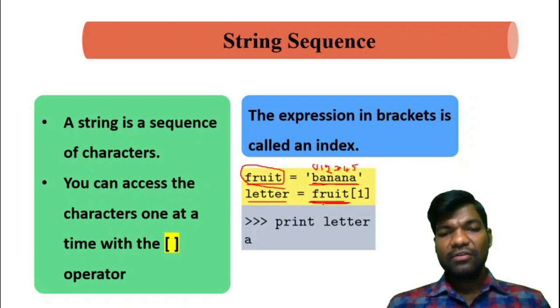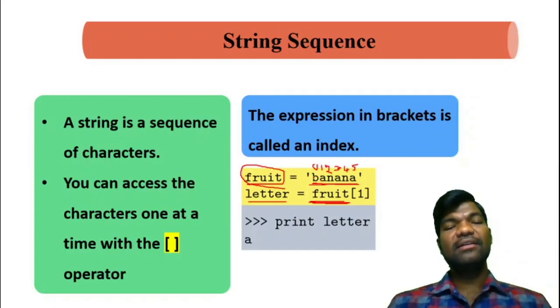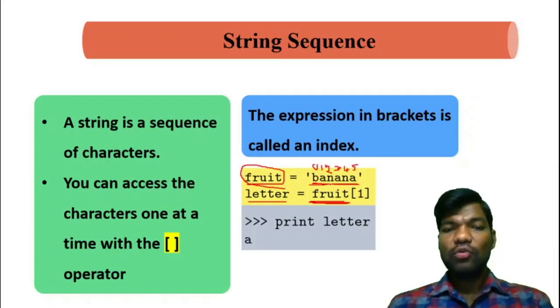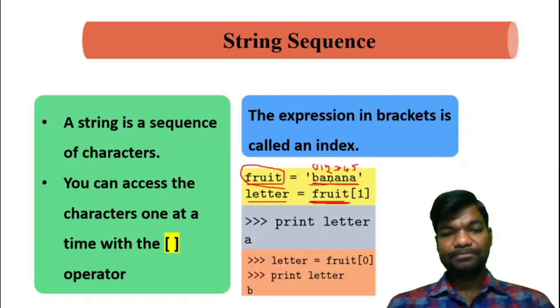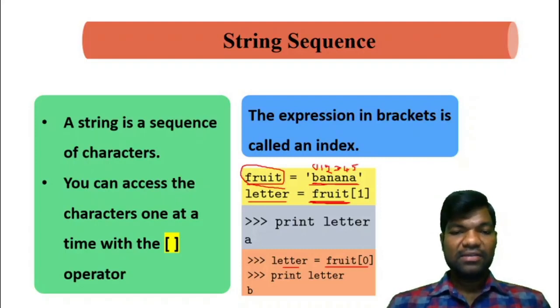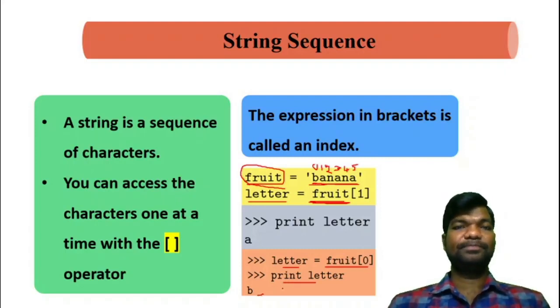If you get fruit of 1, you will get A. If you get fruit of 0, you will get B. If you get fruit of 2, you will get N. Letter is fruit of 0. What is at 0 here? B. So you will get B as output.